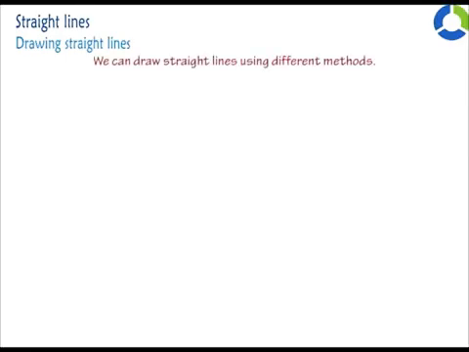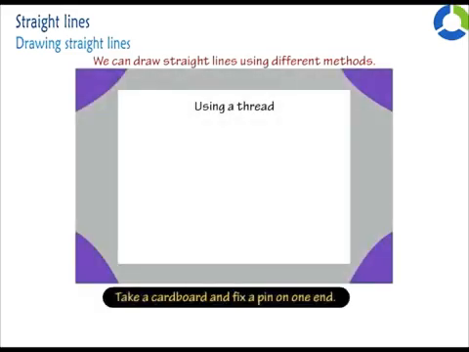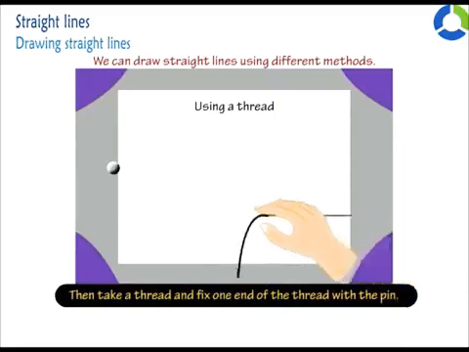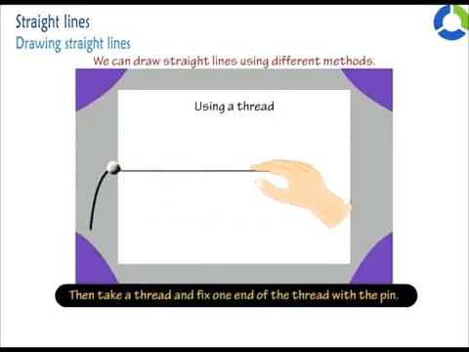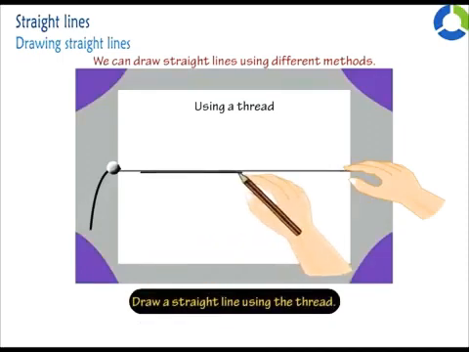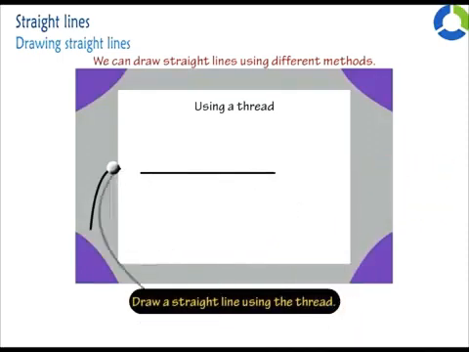We can draw straight lines using different methods. Using a thread: take a cardboard and fix a pin on one end. Then take a thread and fix one end of the thread with the pin. Draw a straight line using the thread.